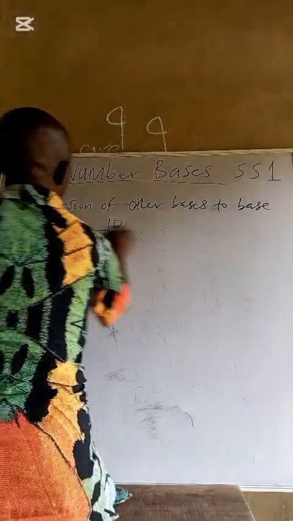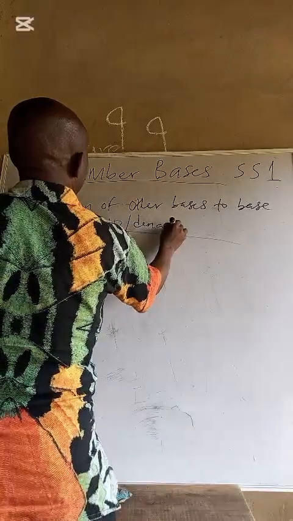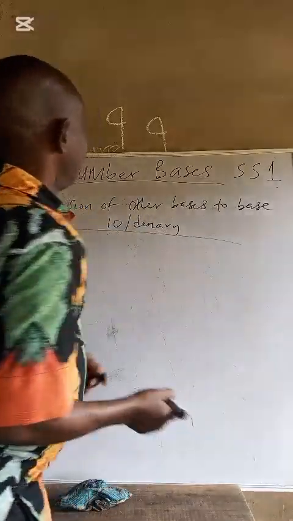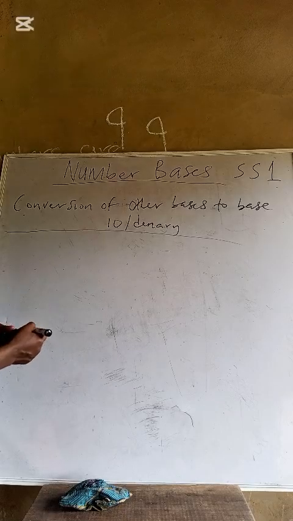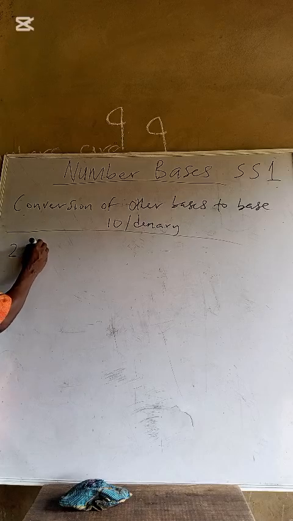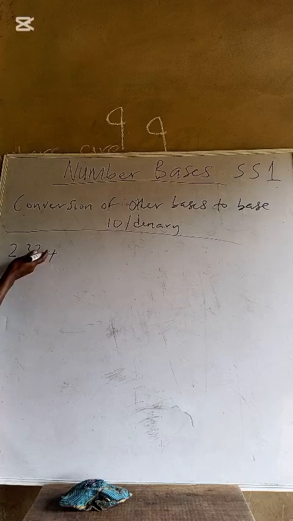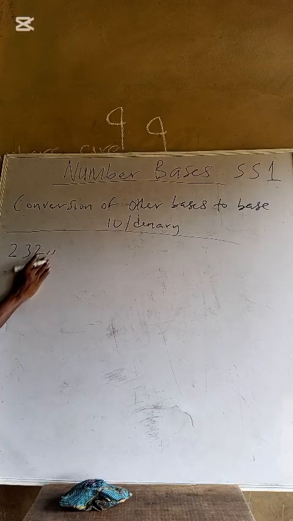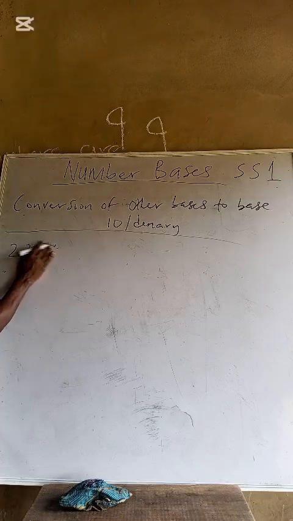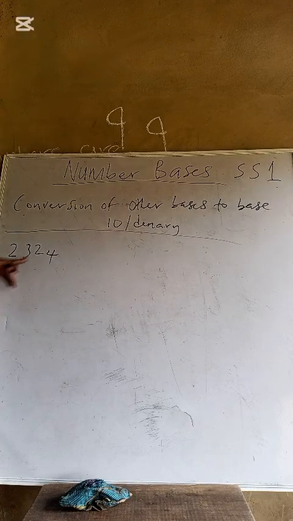Base 10 is also known as denary or decimal. Now, if you have 232 base 4, when you are writing the base, don't write it like this, just write it like this. Then we have to convert to base 10.